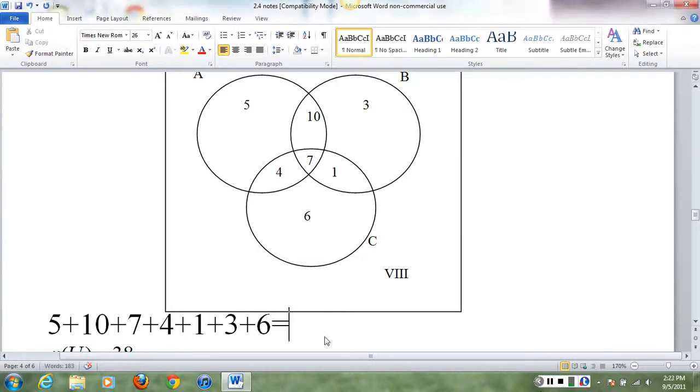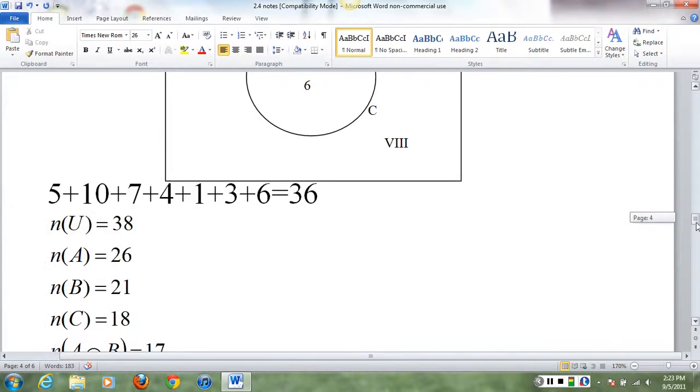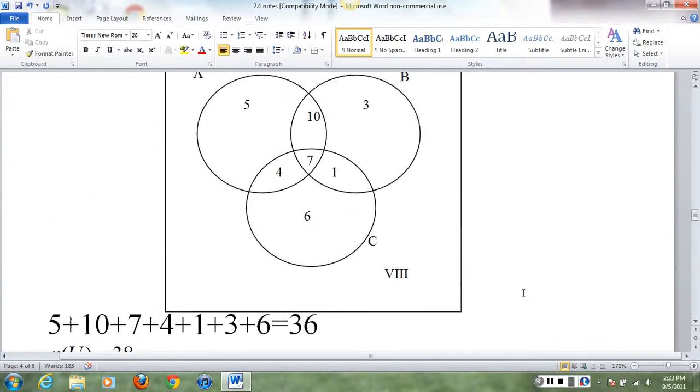And that should come out to be 36. And if that's 36, and there's 38 in the universal, that means the difference is 2, which goes out here.